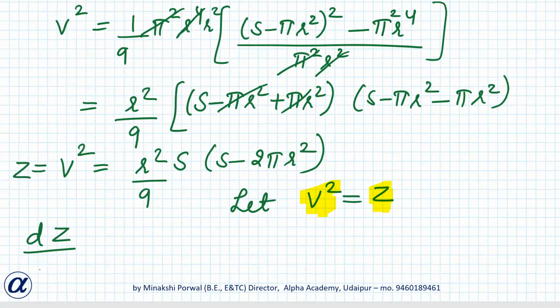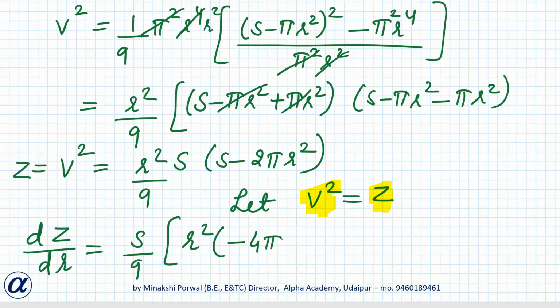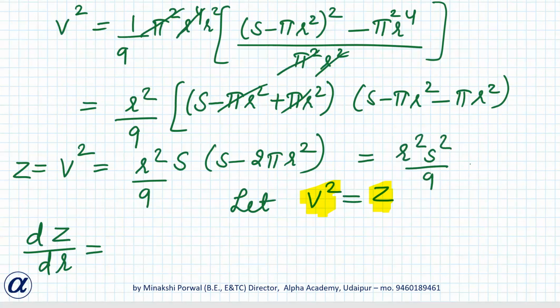So we will find dz by dr. We can just multiply this out and find dz by dr, which will be more convenient. So z is r square s square upon 9 minus 2 pi s r to the power 4 upon 9.